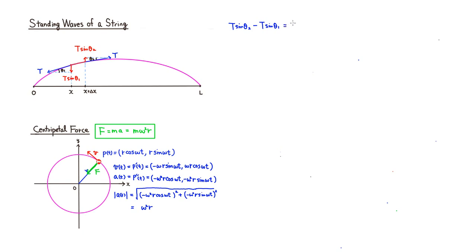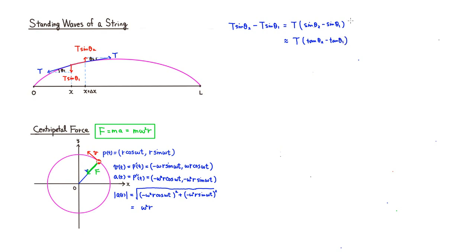So this is going to be equal to T pulled out, and you have sine of theta 2 minus sine of theta 1. Then since cosine of theta 1 and cosine of theta 2 are very close to 1, I'm going to approximate sine by tangent. So you have tangent of theta 2 minus tangent of theta 1.